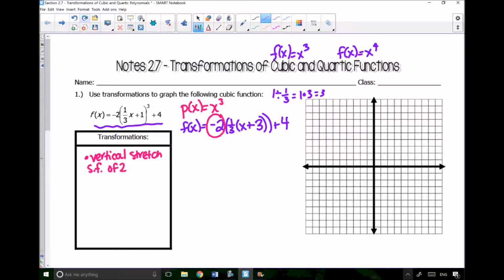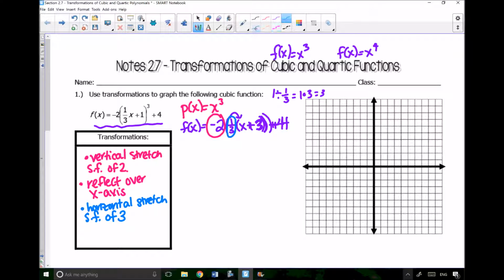But because it's negative, I also know that it is going to reflect over the x-axis. Okay, now this 1/3 right here is going to tell me that I have a horizontal stretch, but be careful, it's a scale factor. Remember, we have to do the reciprocal, so it's a scale factor of 3.